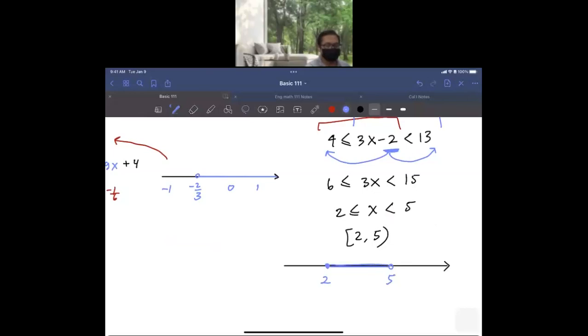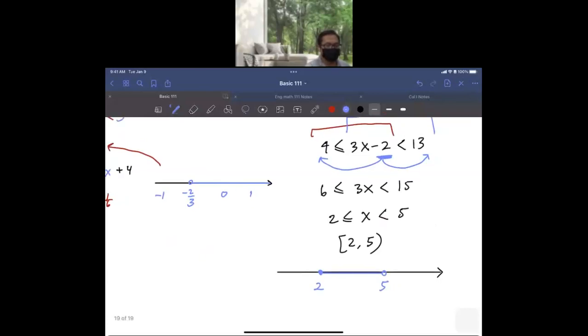We are going to have precisely this middle. We could check with 0 and 6 if you would like. If we check with 0, it becomes negative. We need to have a positive value between 4 and 13 if we plug into the original expression.